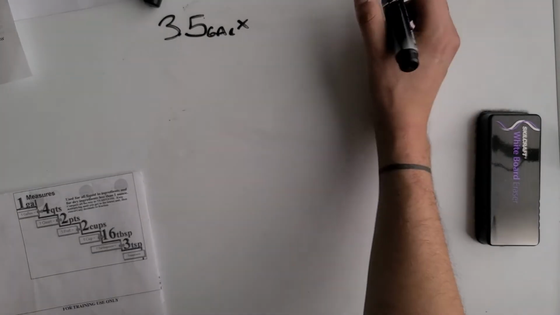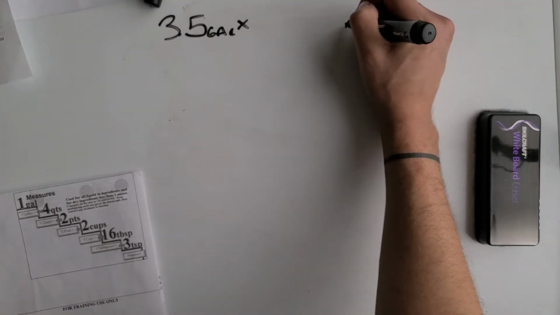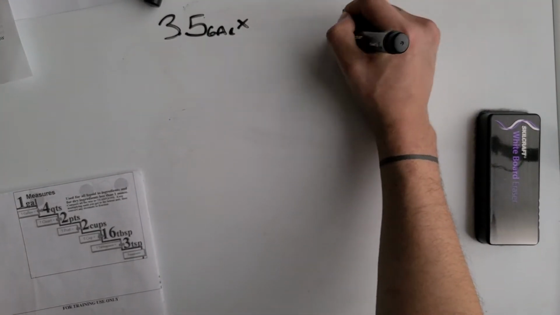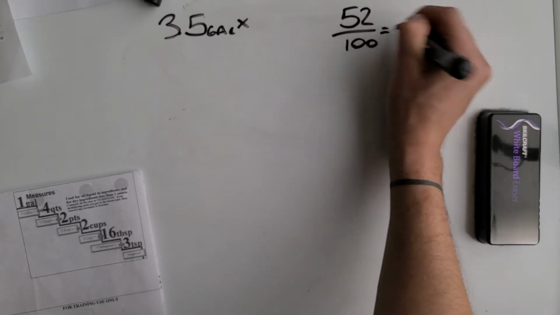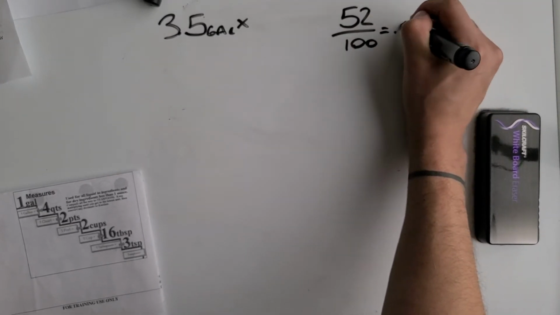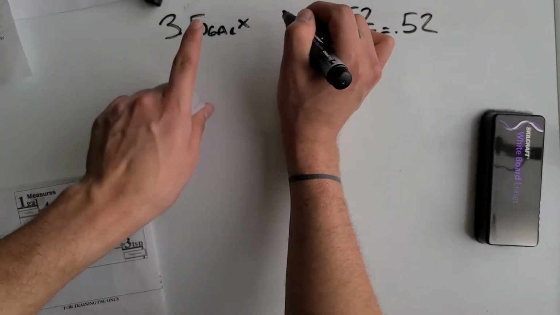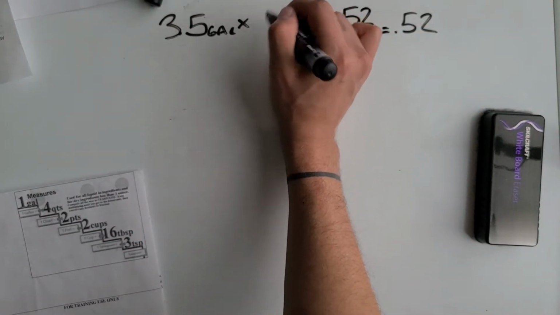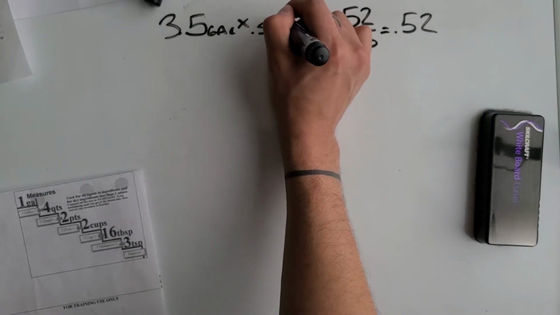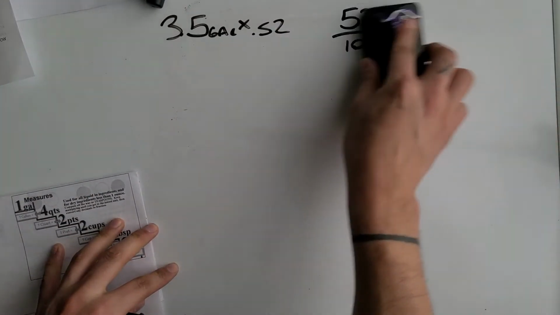To find our working factor, we divide our portions to prepare, 52, by 100, which ends up being 0.52. Then you multiply your working factor by your ingredient, which is 3.5 gallons.